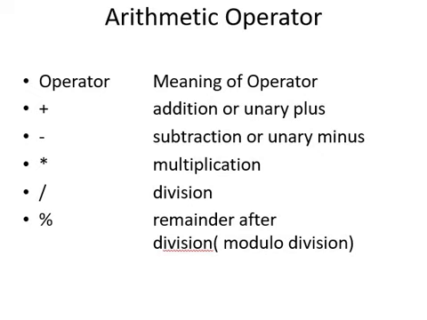The plus is for addition or unary plus, minus is for subtraction or unary minus, asterisk is used for multiplication, slash is used for division, and percent is used for the remainder after division, that is modulo division.